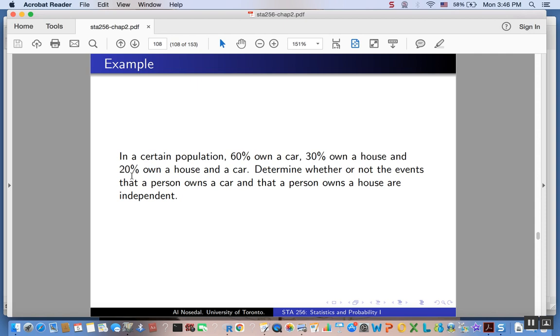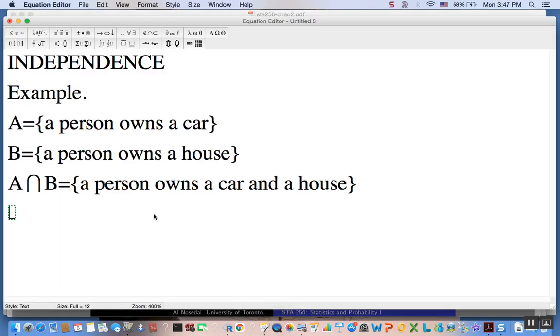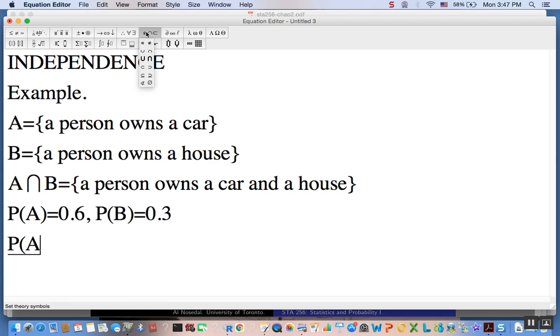Here we go. Probability of A equals 60%, probability of B equals 30%, and probability of A and B, the probability of the intersection, is 20%.